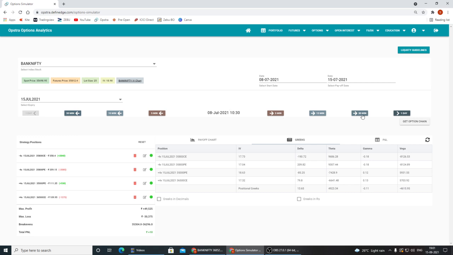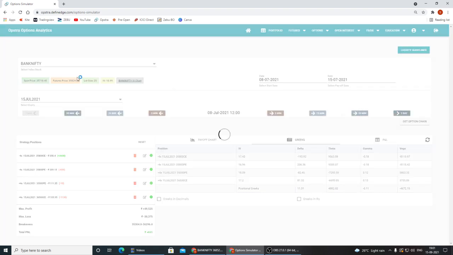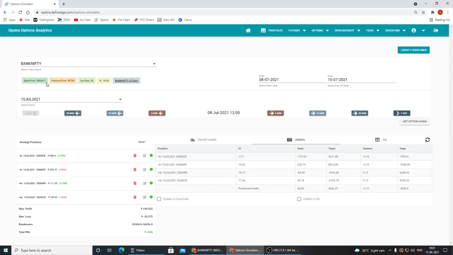35,700, 35,700, 35,600. So the market came down by 200 points.